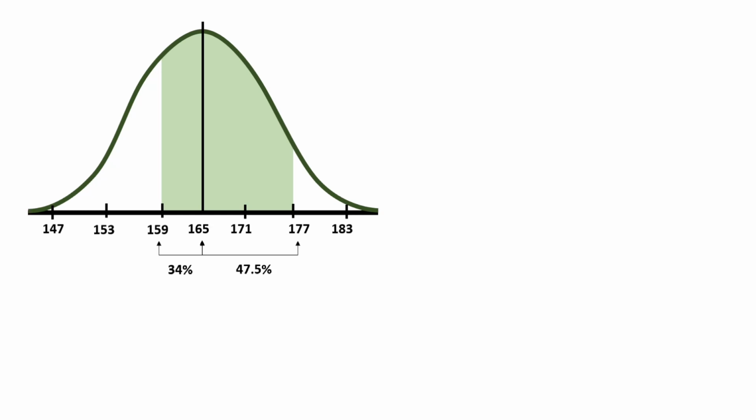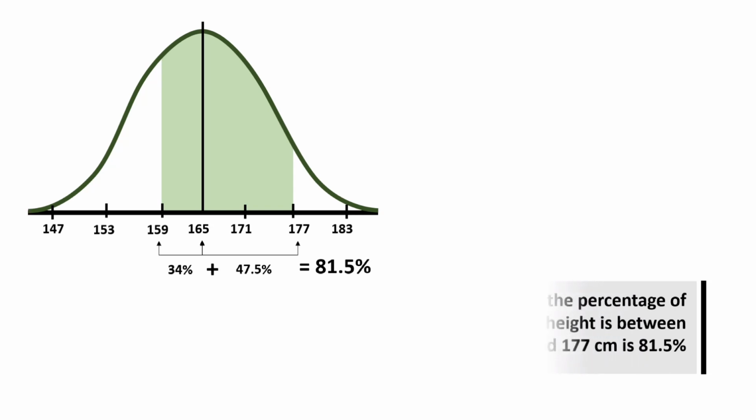Now that we have the values that are covered from 159 to 165 and 165 to 177, we would just add them up to get our percentage, which leads us to 81.5%. Therefore, the percentage of women between 159 centimeters and 177 centimeters is 81.5%. Did you get the right answer?